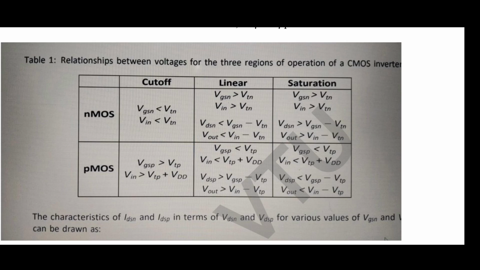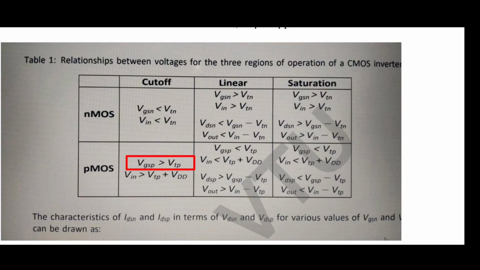And one more thing is a trick to remember: if you remember the NMOS, you can easily write the PMOS. See, for the NMOS the cutoff condition is VGSN less than VTN. Okay, in the PMOS, what is the cutoff region?